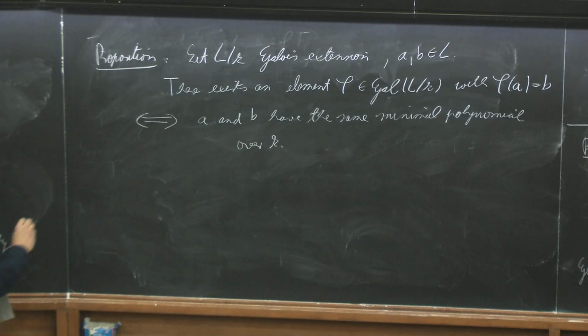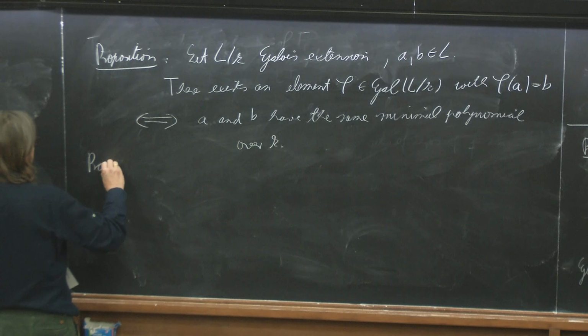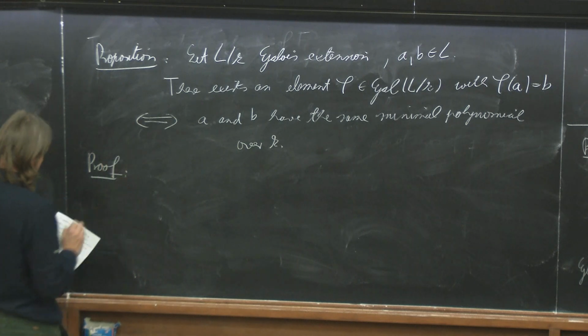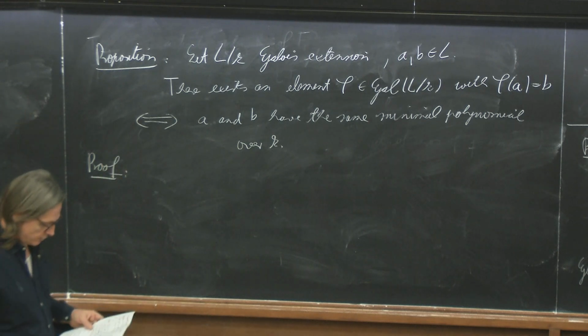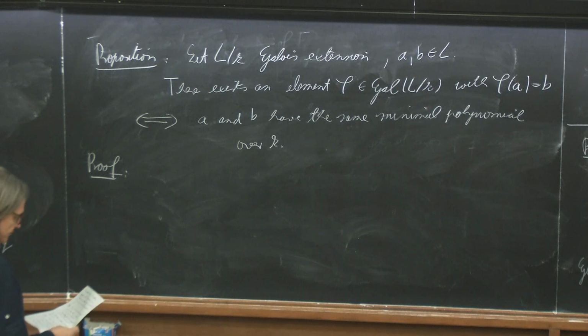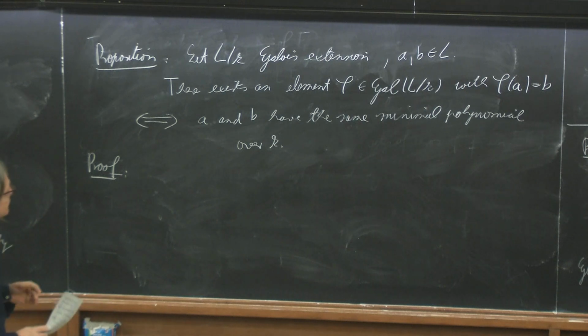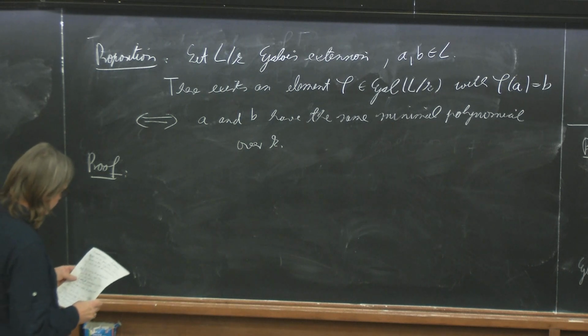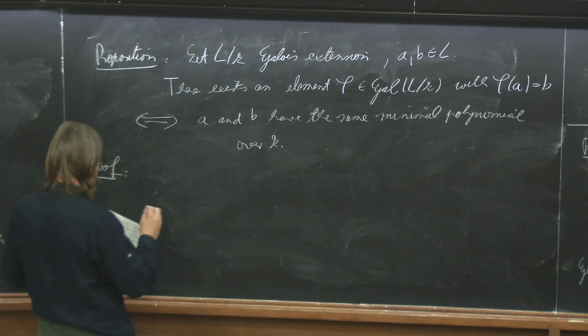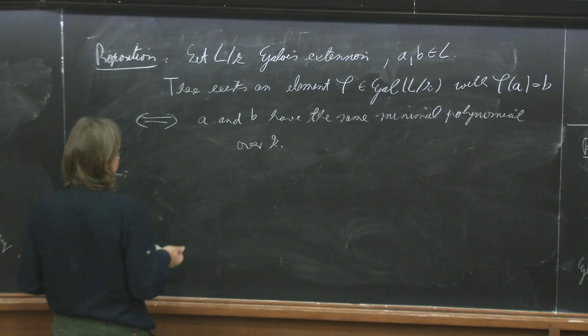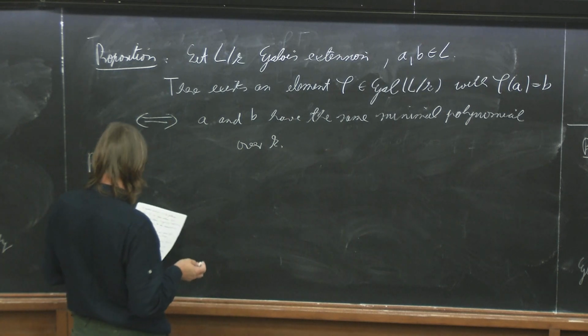Okay, so let's see. Why is that the case? In one direction, we basically use again the extension of field isomorphisms to simple algebraic extensions. So assume that a and b have the same minimal polynomial.